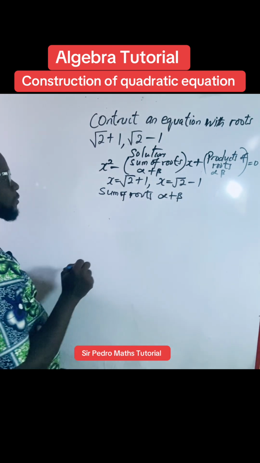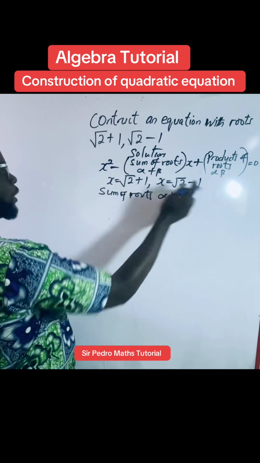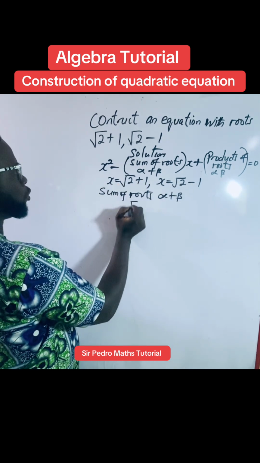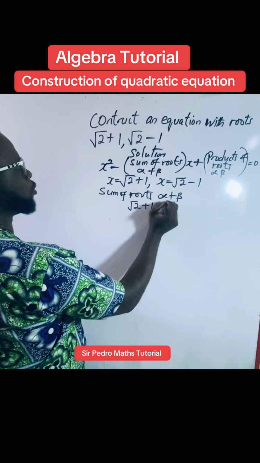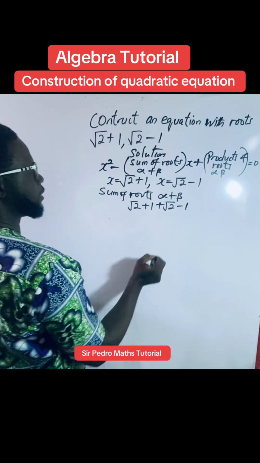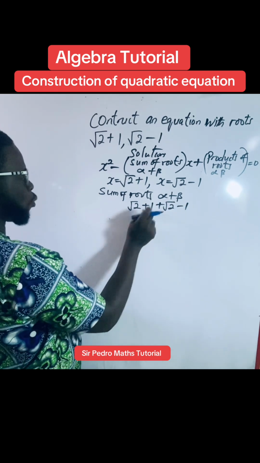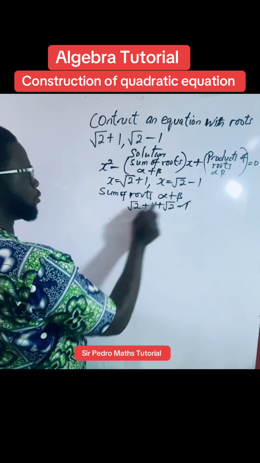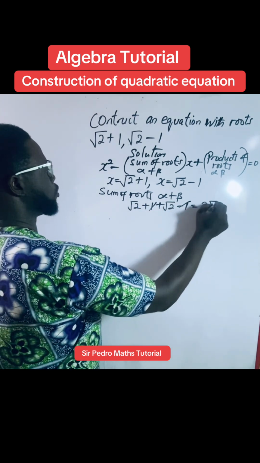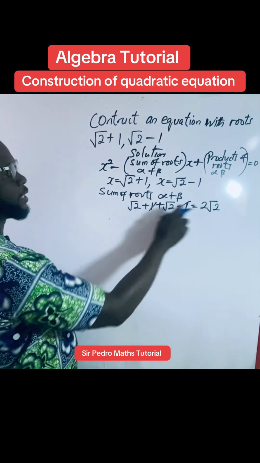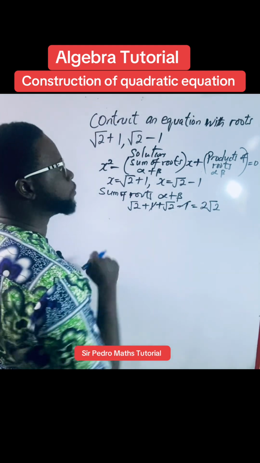So you sum these two together: root 2 plus 1 plus root 2 minus 1. The 1 minus 1 will go off, and root 2 plus root 2 will give us 2 root 2. So the sum is 2 root 2.